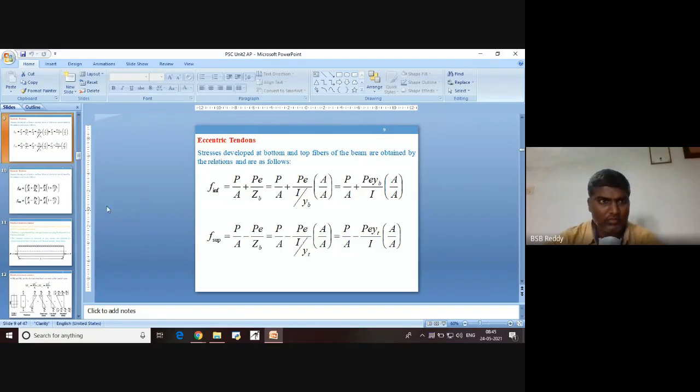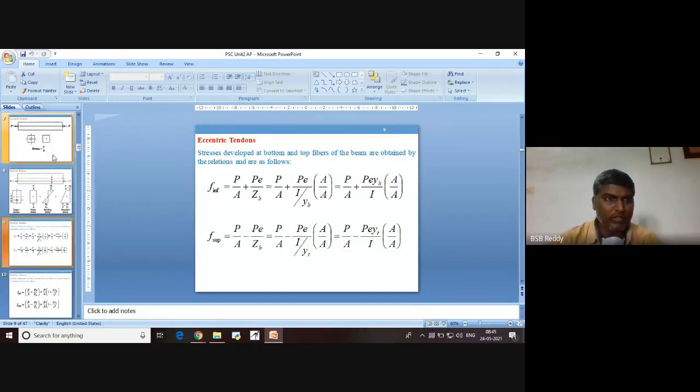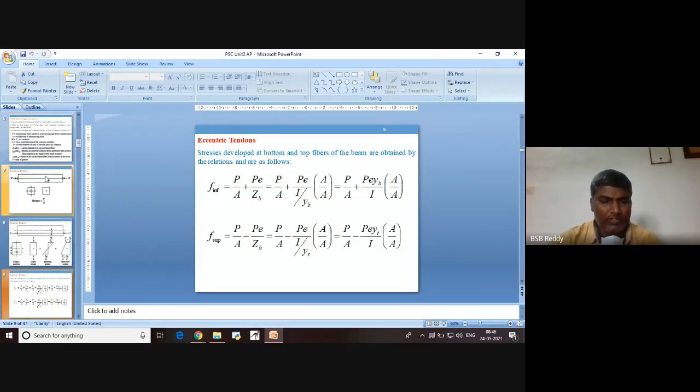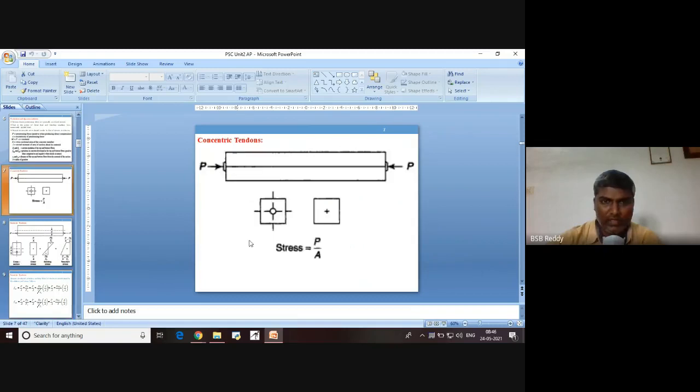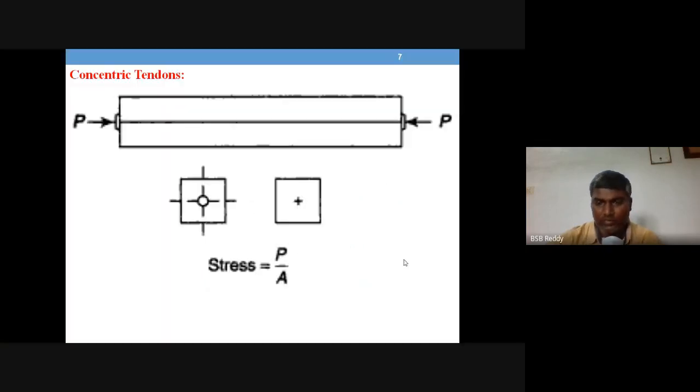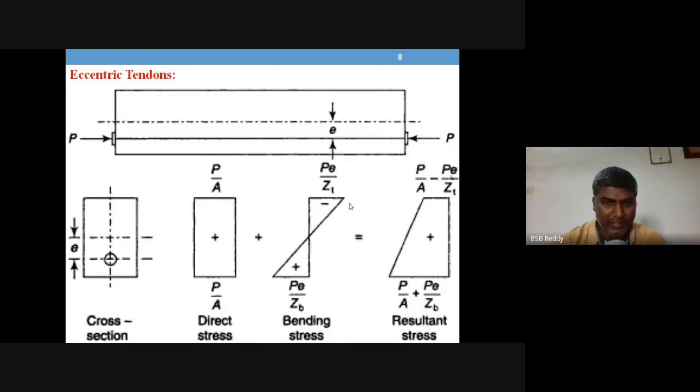Last session we talked about finding stress at a section in a pre-stressed concrete member when it is subjected to pre-stress by a concentric tendon and also by an eccentric tendon.